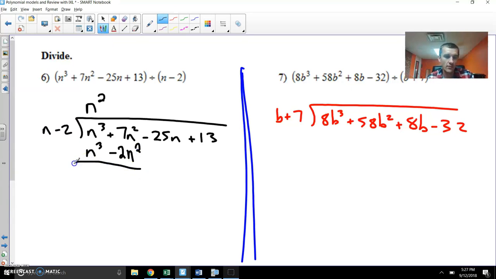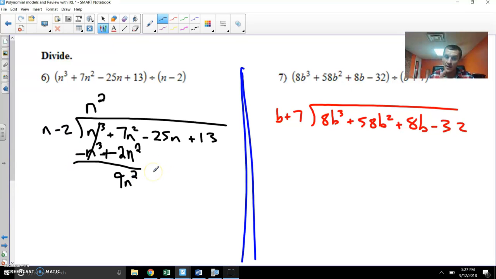Now this part can be a little tricky, and I keep trying to talk about it. You are subtracting each of these. The first one is not that difficult because people pretty much know that it's going to cancel. But I'm really subtracting this one as well, and so minus a minus changes this sign to a plus, and you just really got to be careful about that as you're doing it. So this ends up being 9n squared.